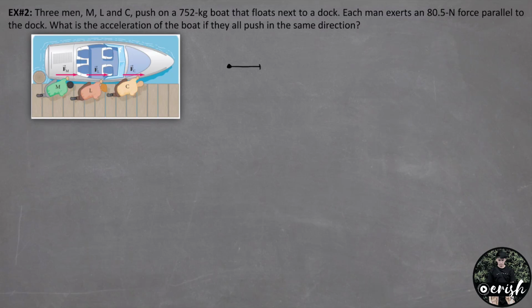We have force M and force L and another force C. Alam natin yung mass ng boat and yung forces na nag-act sa kanya, and hence we can find the acceleration using the formula. Summation of forces or the net force at x, dahil ang ginamit natin is x component or the x direction, equals the mass times the acceleration due to x.